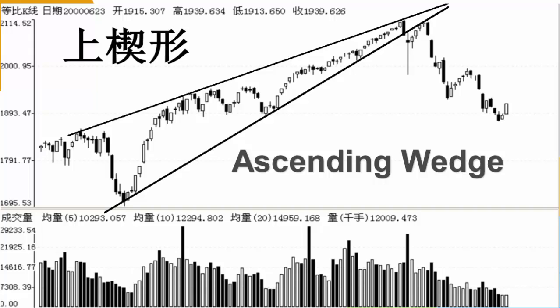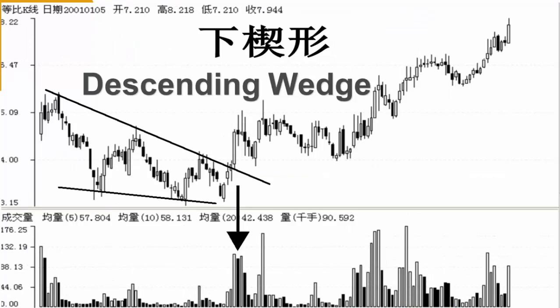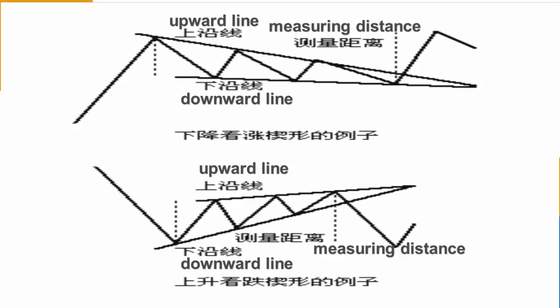Ascending wedge is the top reversal pattern. Descending wedge is the bottom reversal pattern. You should remember, okay? Then if you see stocks, you can check whether your stocks satisfy this pattern or not.